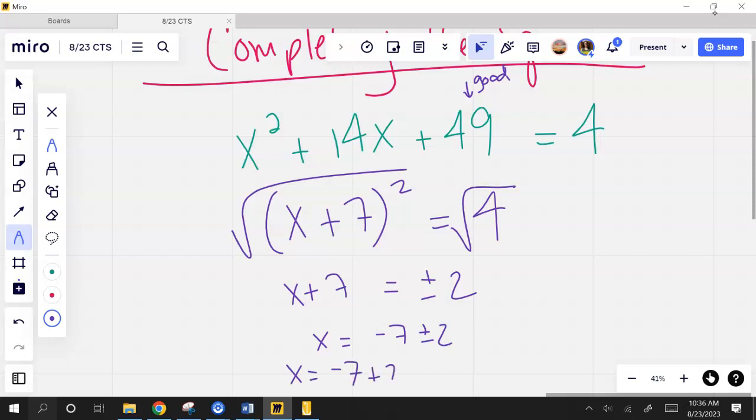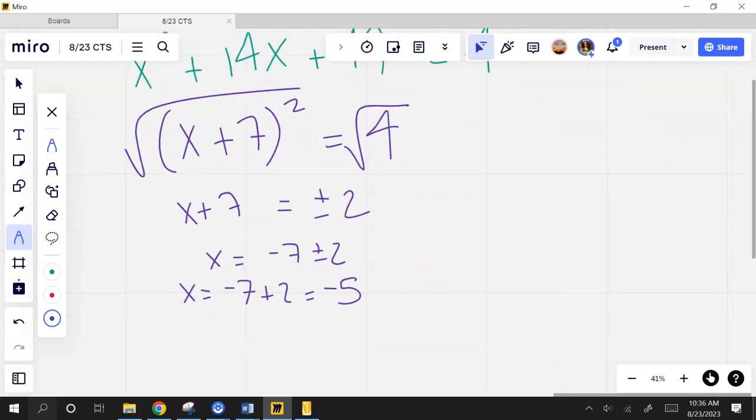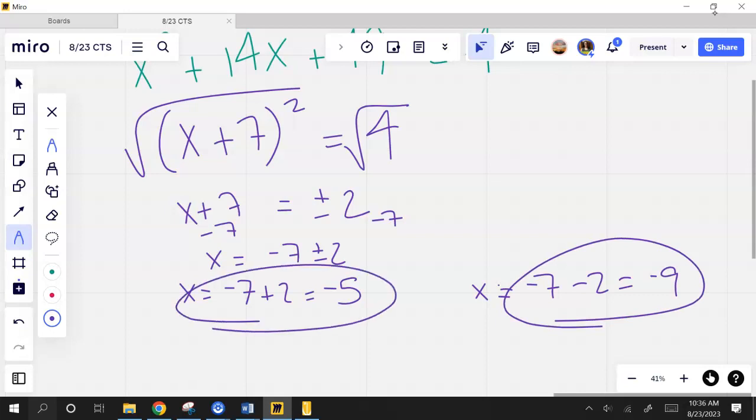Negative 7 plus 2, which is negative 5. You had to subtract it from both sides. Okay, so there are my two answers. Do you see why that set itself up perfectly to factor and solve that way?